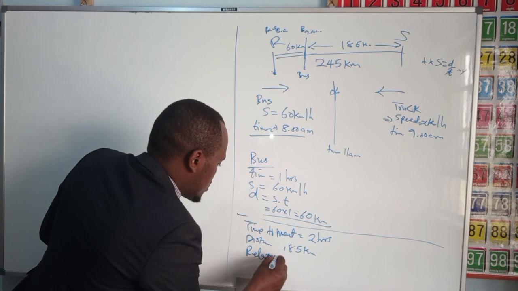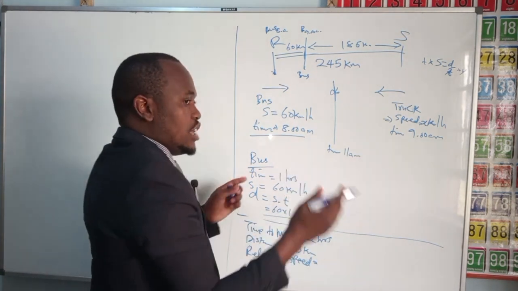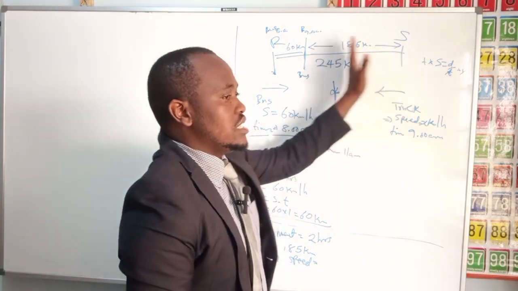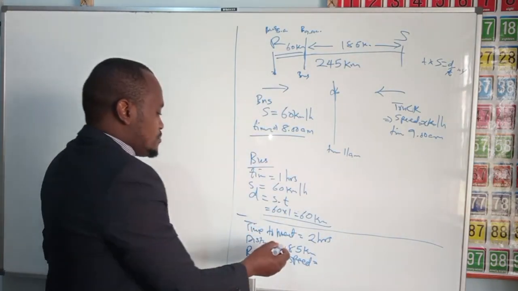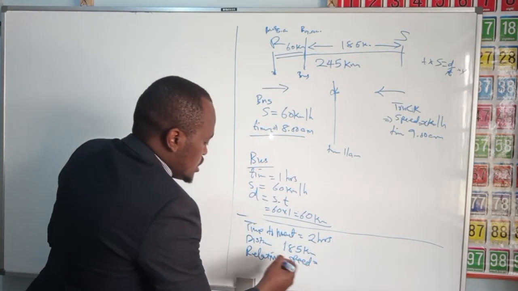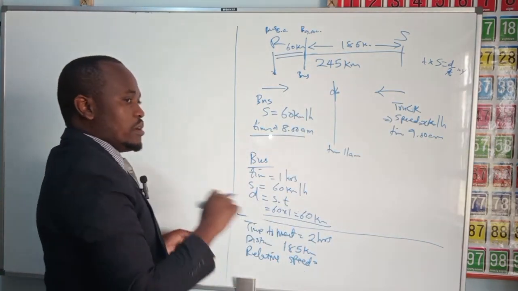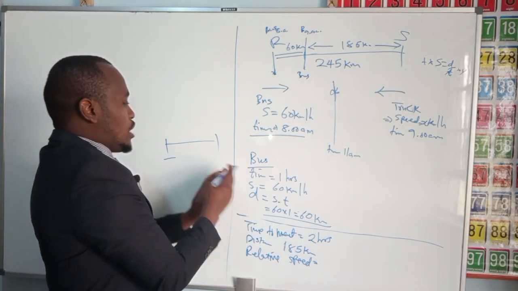What do we know about relative speed? For two vehicles coming together, you add, because in the same time this one is covering a distance and this one is also covering. So you add the speed of this vehicle and this other one. Remember, when they are going in the same direction, the distance between the two keeps on narrowing.